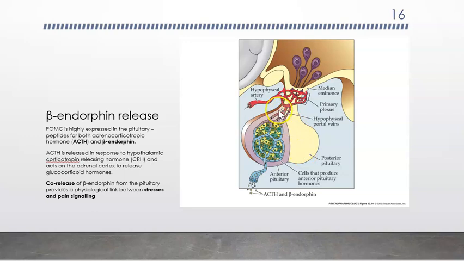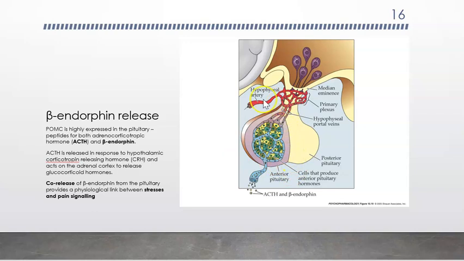Because we know that hormones are usually made in our pituitary gland, that's a great place where researchers looked to see if endorphins and some of our endogenous opioids are also made or expressed there. And that's where we find beta endorphin.